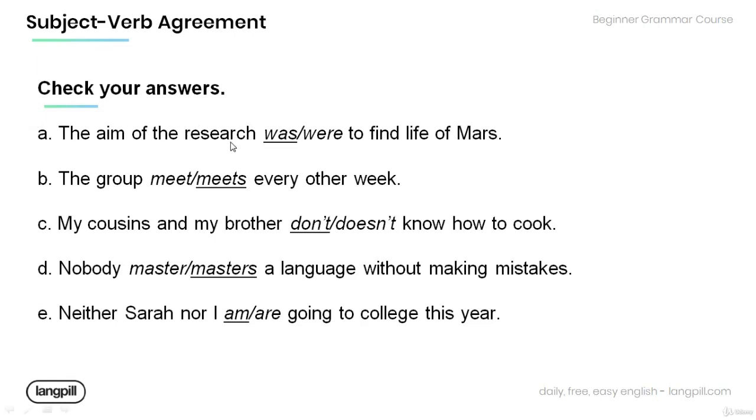The aim of the research was to find life of Mars. The group meets every other week. My cousins and my brother don't know how to cook. Nobody masters a language without making mistakes. Neither Sarah nor I am going to college this year.